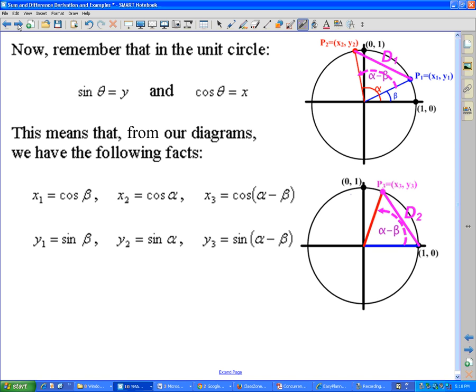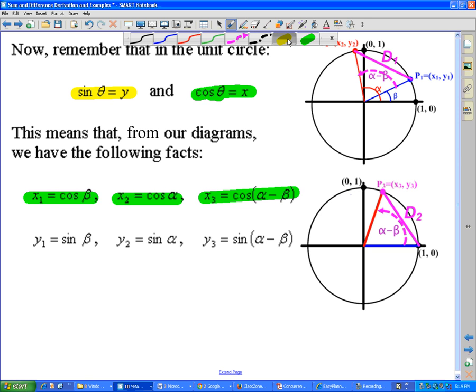Likewise, cosine is x. You guys know these pretty well. Well, if we use these two identities, these two relationships to our advantage, we can rewrite all of the x's in terms of cosine, and we can likewise rewrite all of the y's in terms of sine.